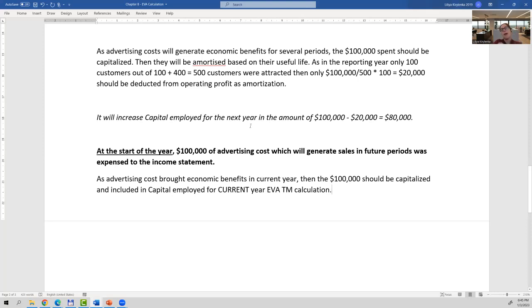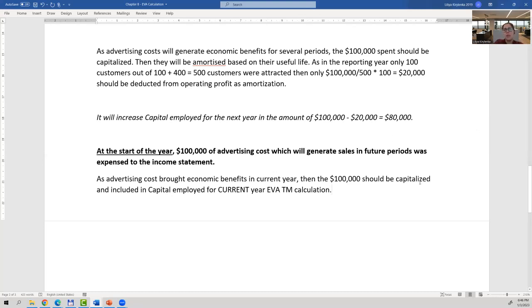that if something happened during the year, then we do not include that in capital employed for the start of the year. We include that in the capital employed that we are going to use in next year's EVA calculation. But if some expense that is going to be capitalized happened at the start of the year, we say that we're going to use the result of the expense in the current year, so we do capitalize that as capital employed.